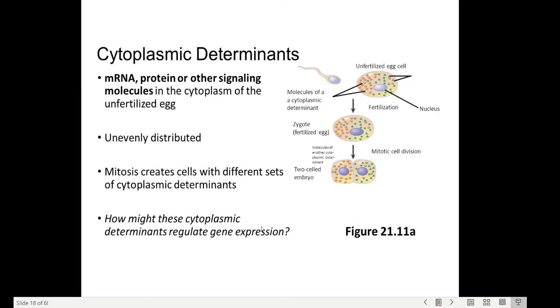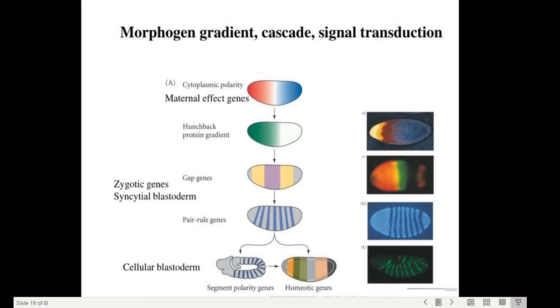After receiving signals from the external cells, the zygote develops into a two-cell embryo. The two-cell embryo happens with the cytoplasmic determinants. Only then does development proceed, differentiating into various organs.